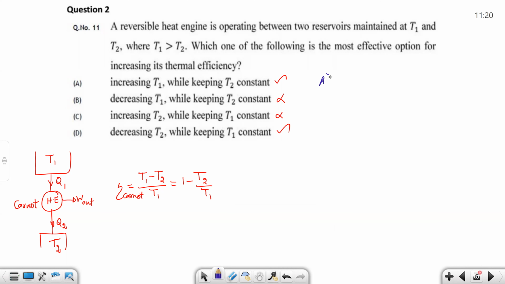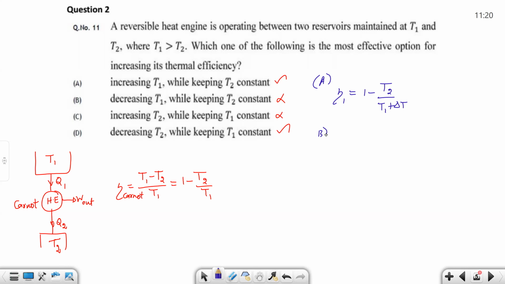So for A, we take it as efficiency 1. What is that? Increasing T1. So you take 1 minus T2, keep it constant, and T1 increases by an amount delta T. This is one thing.